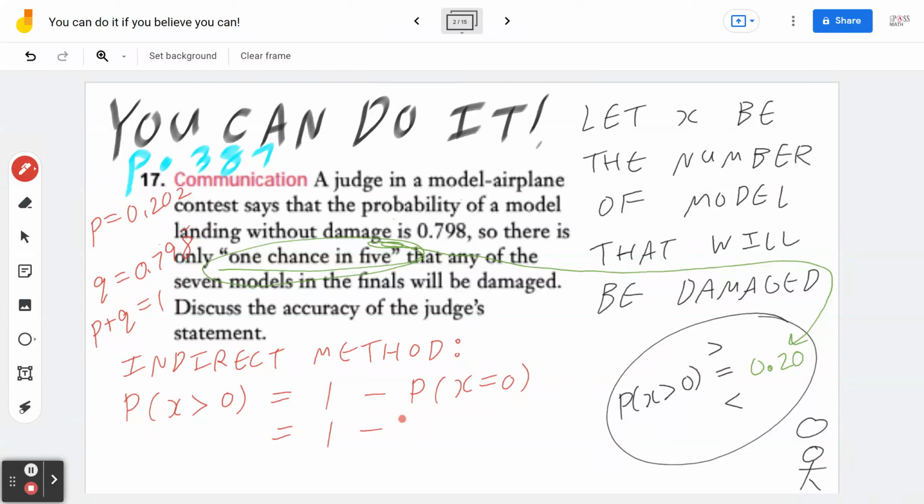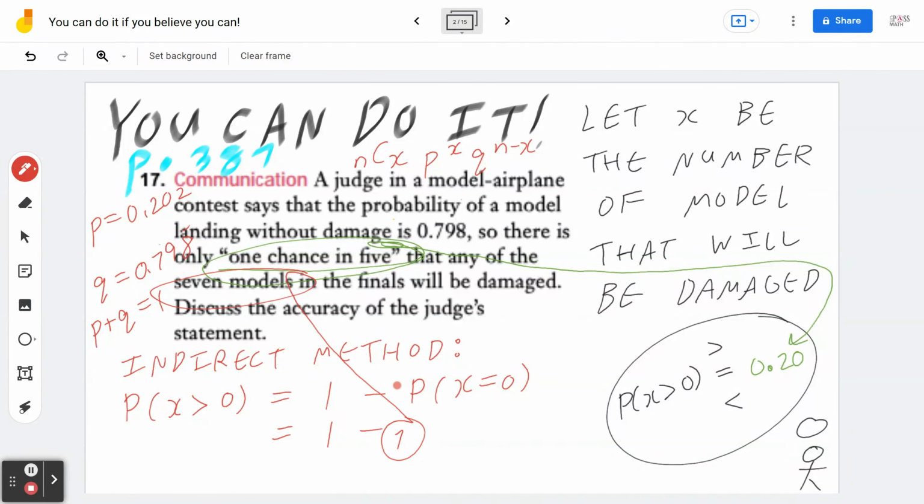If I think about the binomial distribution one more time, it's n choose x times p to the power of x times q to the power of n minus x. That's the general idea behind the binomial distribution. In this case, it's going to be 7, which is n, because there are 7 models.